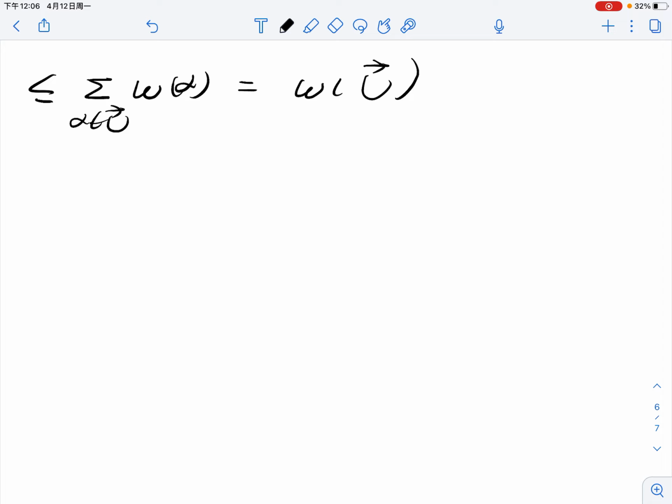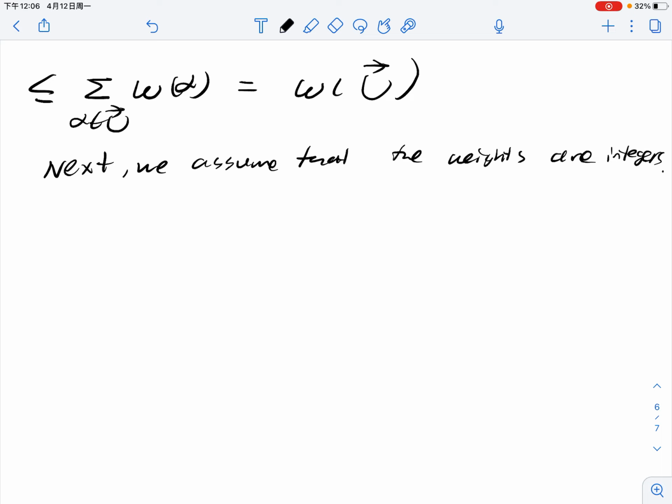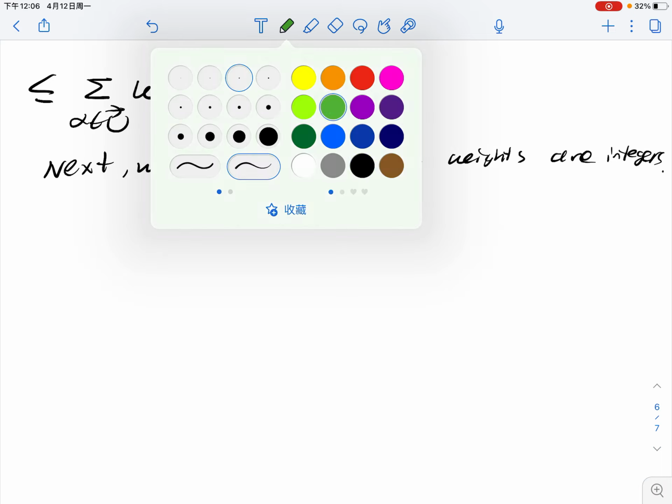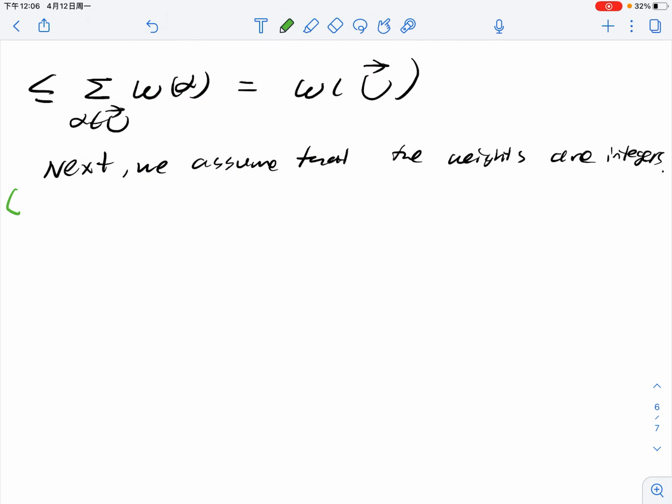Okay, then we are going to prove the other direction. But to prove it, next we assume that the weights are integers. So this is just for technical reasons. When we have done the case in which weights are integers, we can easily generalize it to rational valued weights, and then take a limit.